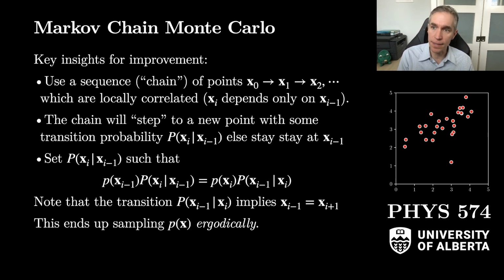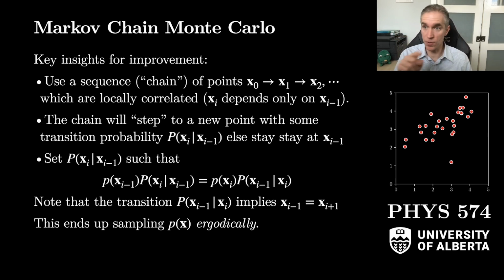So we see this a lot in statistical mechanics, but the ideas, and this is important to stress as a physicist, came from physics and have been generalized to a much broader set of statistics. But the key insight is that this random walk process, subject to the constraints of detailed balance right here, ends up sampling this space ergodically.